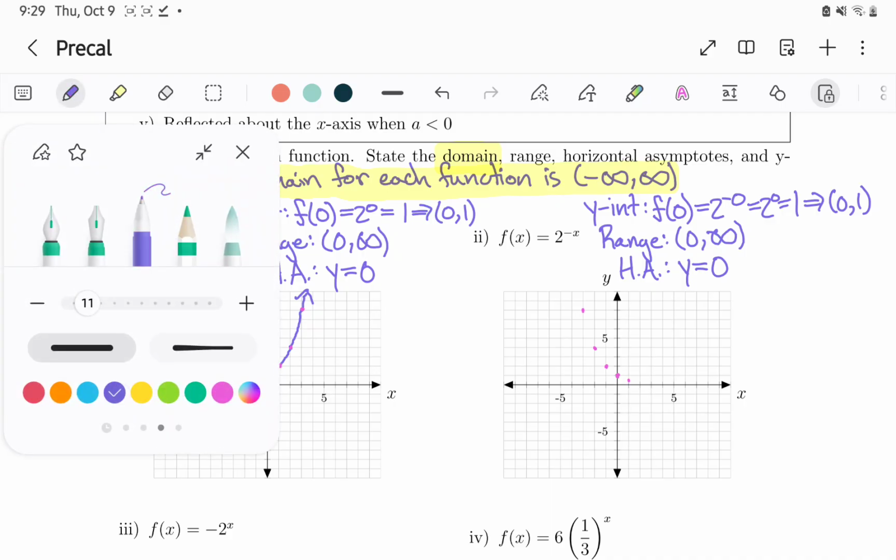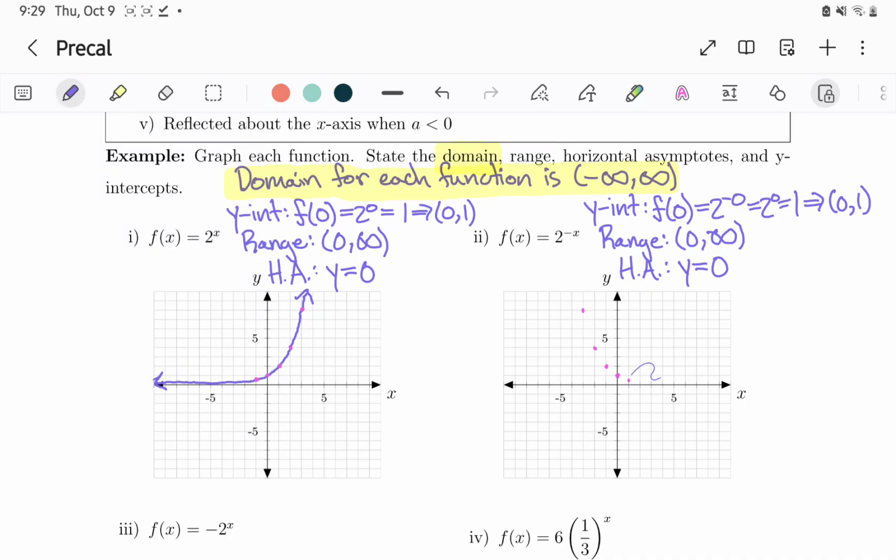All right, now let's go ahead and connect these points. And that is a sketch of the graph of f of x equals 2 to the minus x.